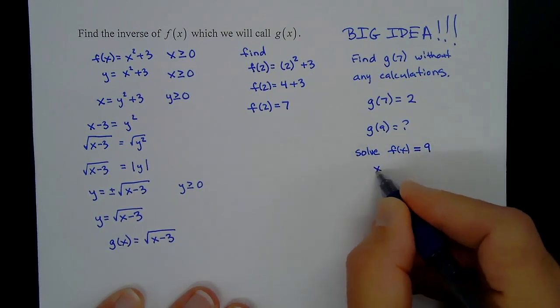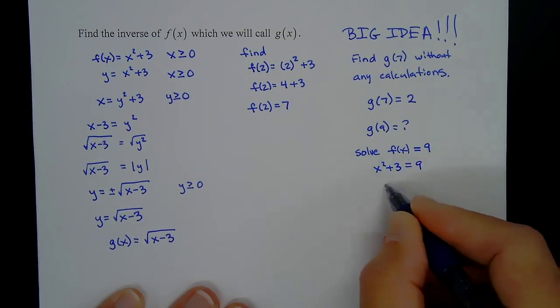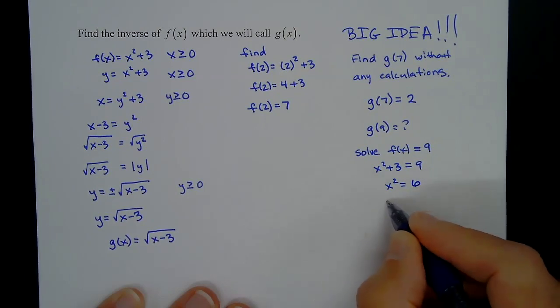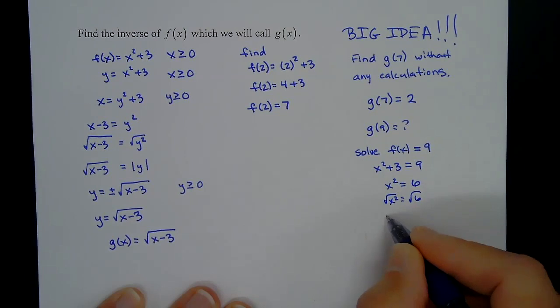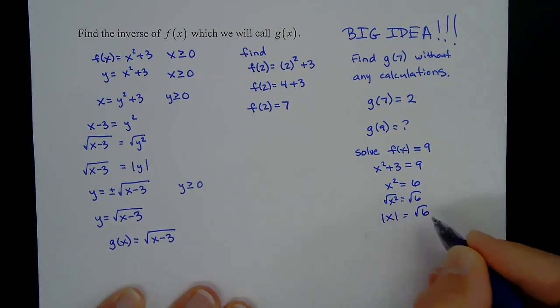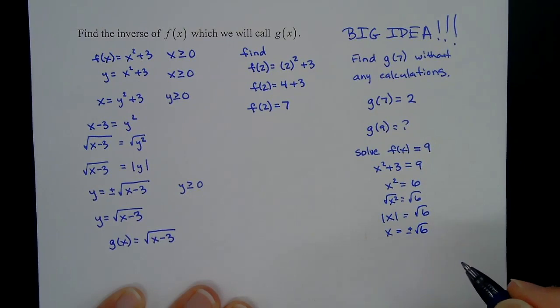Well, that would be x squared plus 3 is equal to 9, which means x squared is equal to 6, which means I have to square root both sides, which means the absolute value of x would equal the square root of 6, which means x would have to equal plus or minus the square root of 6.